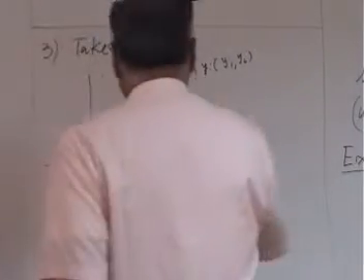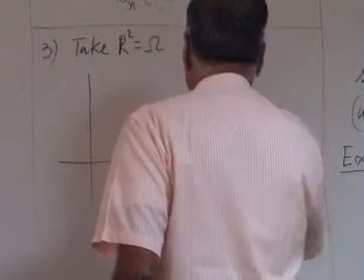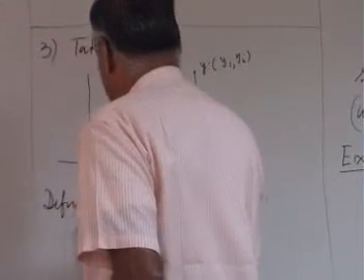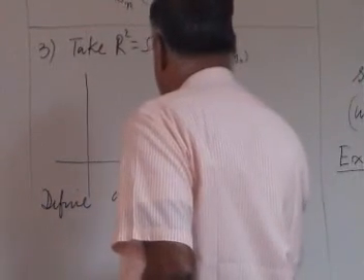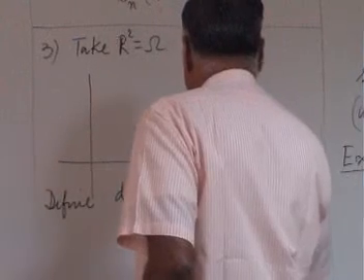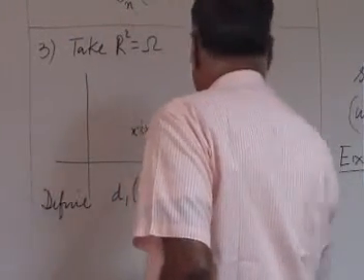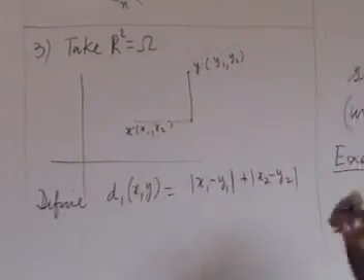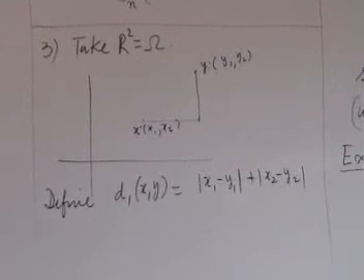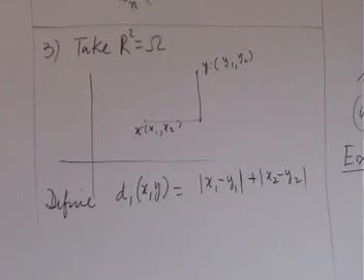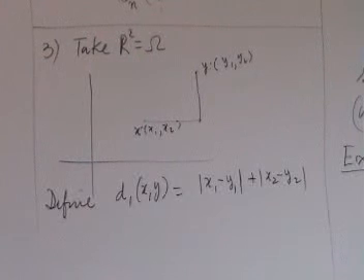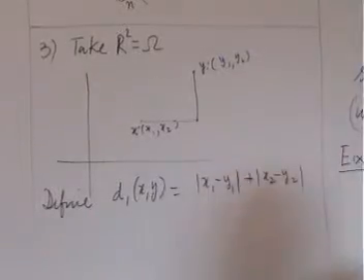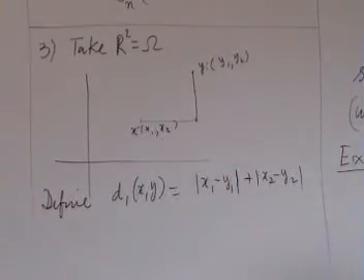Then the distance between this and this becomes this distance plus that distance. So we define d1(x,y) to be equal to mod x1 minus y1, that is this distance, plus mod x2 minus y2. The distance along the x-axis plus the distance along the y-axis, that is, the distance parallel to the x-axis plus the distance perpendicular to the x-axis.